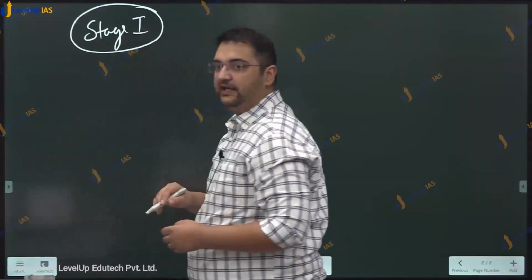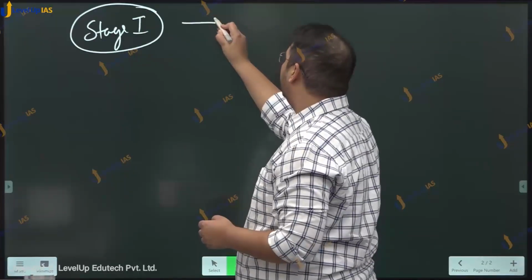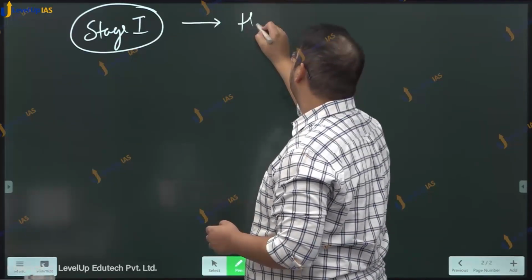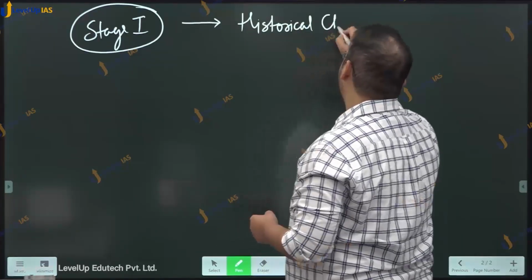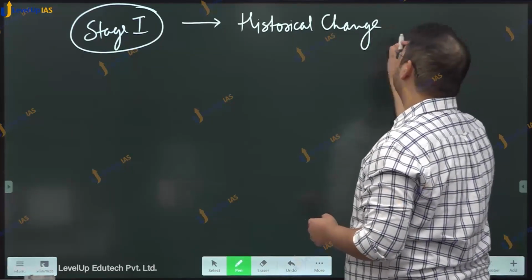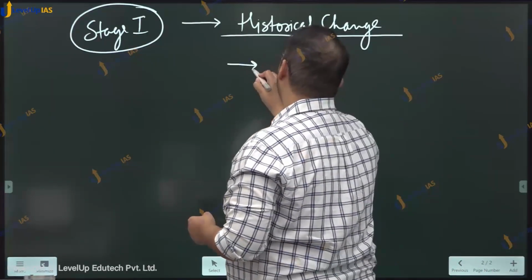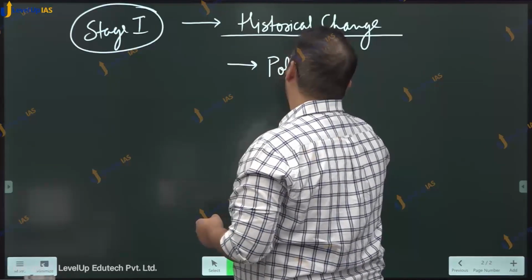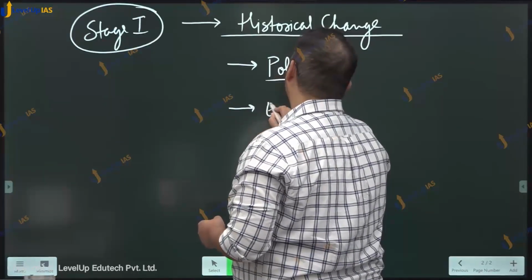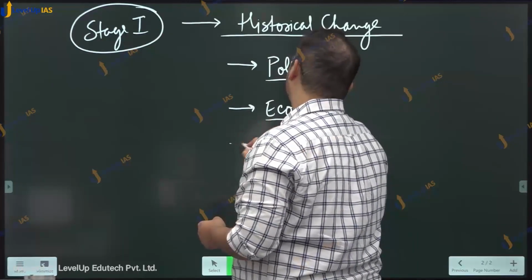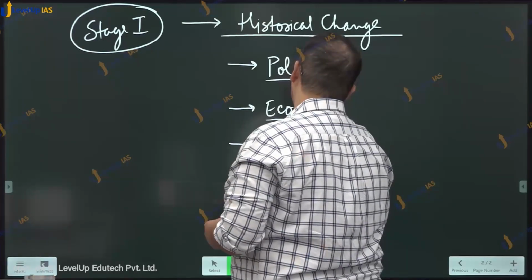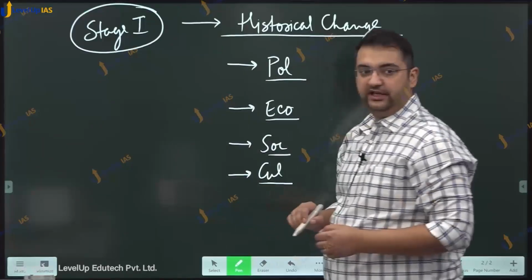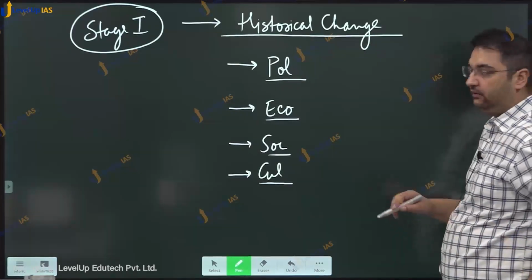The first stage is going to involve underlining the process of historical change, including political, economic, social, and cultural change throughout the medieval ages.